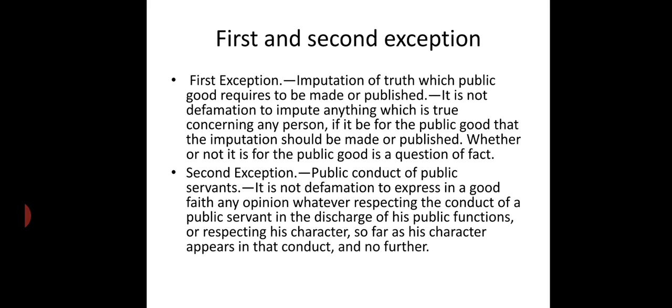What the provision says is that it is not defamation to impute anything which is true concerning any person, if it be for the public good that the imputation should be made or published. Whether or not it is for the public good is a question of fact. This is the first exception.